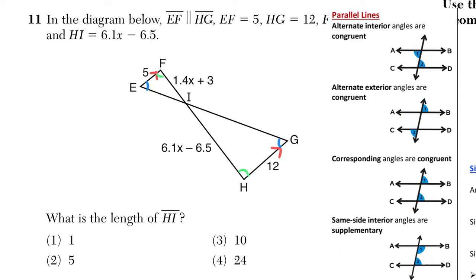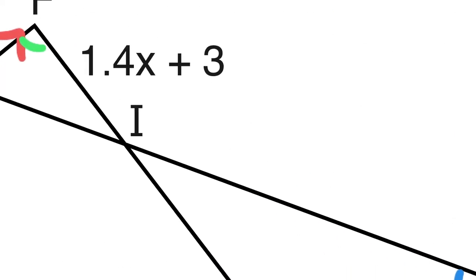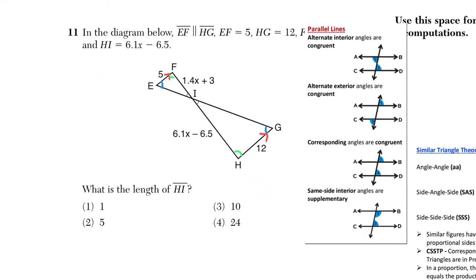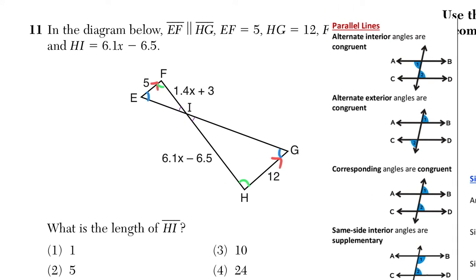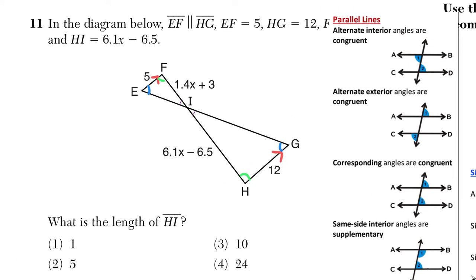Additionally, we have another pair of angles that are congruent. It's FIE and HIG because, let's zoom in. Why is this angle congruent to this? Because of course, vertical angles.